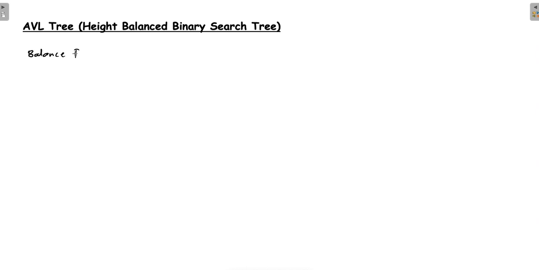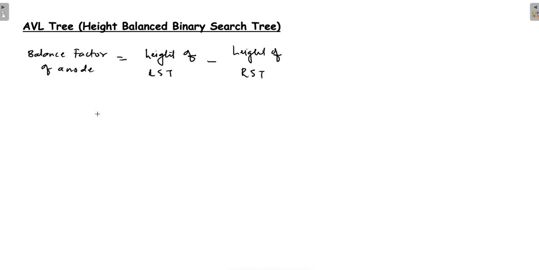So balance factor of any node is equal to the height of left subtree minus the height of right subtree.